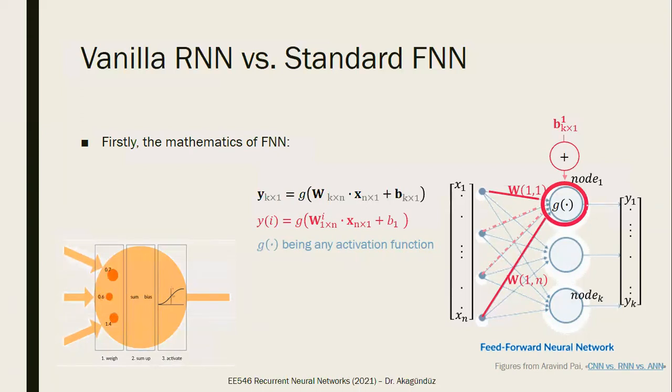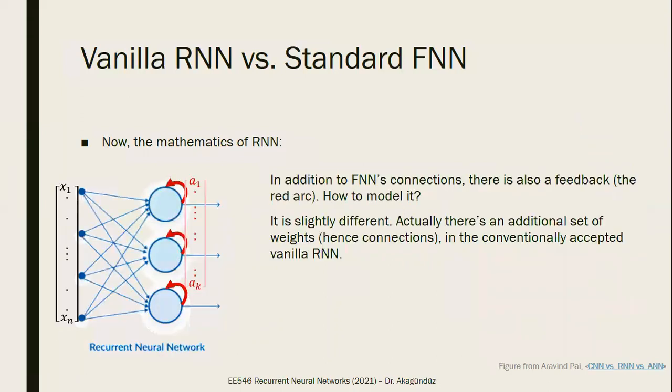Actually, the mathematical definition of the vanilla RNN will be quite similar, with some additional vectors and definitions. Okay, let's do it. To define the vanilla RNN, I'm going to use the same network, same figure, but this time the outputs of these nodes I'm going to call A, which represents the hidden state vector.